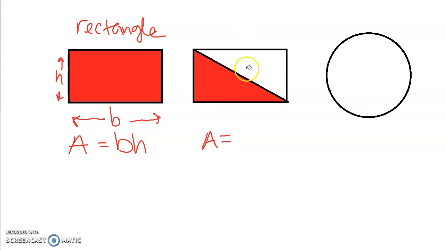We can shade half of this rectangle, and if the area of a rectangle is base times height, and a triangle is just half of a rectangle, it's base times height divided by 2. So the area for a triangle would be base times height divided by 2.